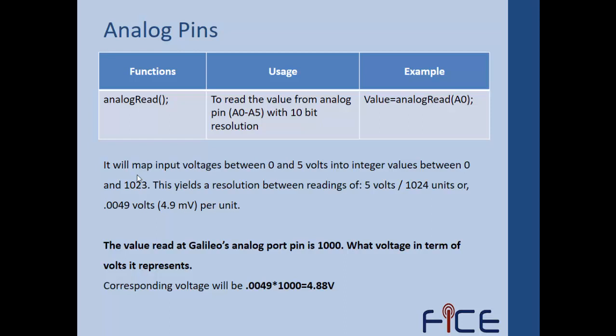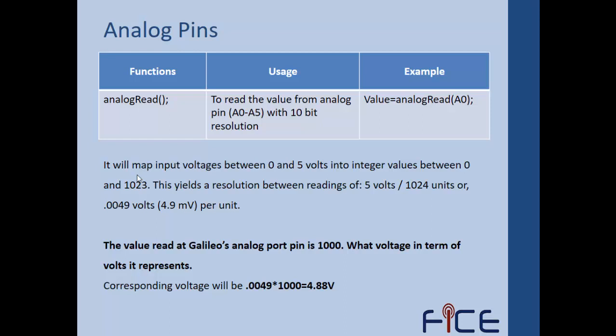Whatever your analog sensor generates will be given to the input pins A0 to A5, and the output of the analog sensor will be a voltage. That voltage level will be converted by the ADC into values from 0 to 1023.